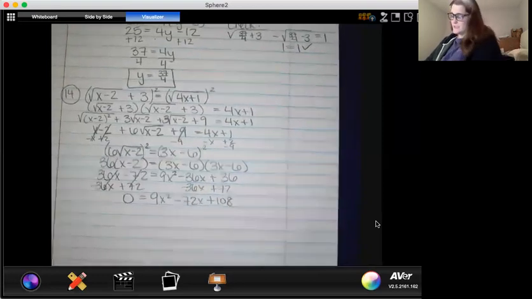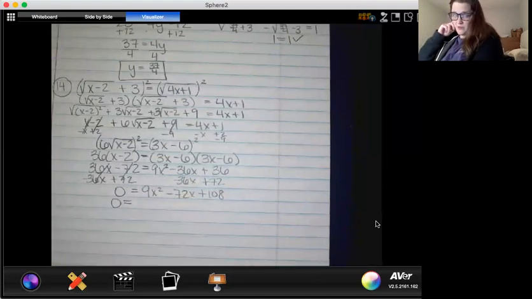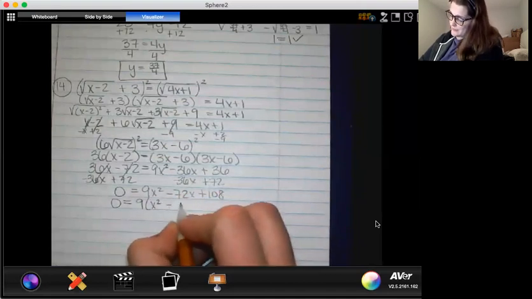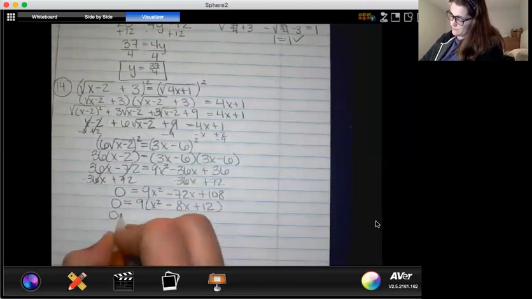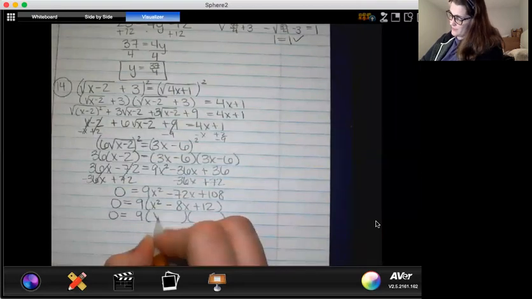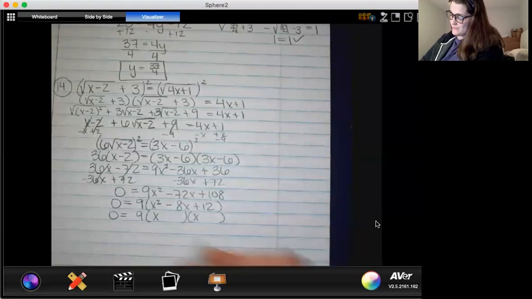Okay, definitely going to take a second to think about that one, but hopefully you notice already right away that they each have a factor of 9. So x squared minus 8x plus 12. So I can factor from here, factors of 12 that add to negative 8, which is negative 6 and negative 2.